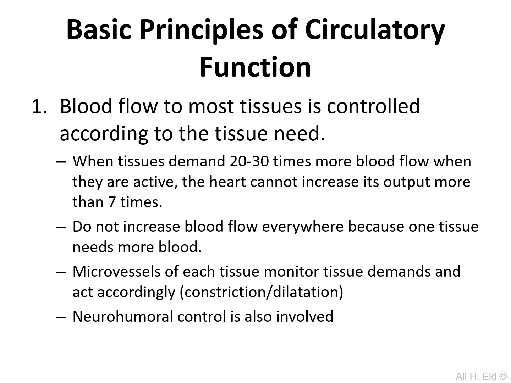That very tissue, the one that needs more blood supply, is going to talk to the vessels in its vicinity, and we're going to basically dilate these vessels. At the same time, we're going to ask blood vessels that are far away from it, that are not delivering blood to it, to constrict.